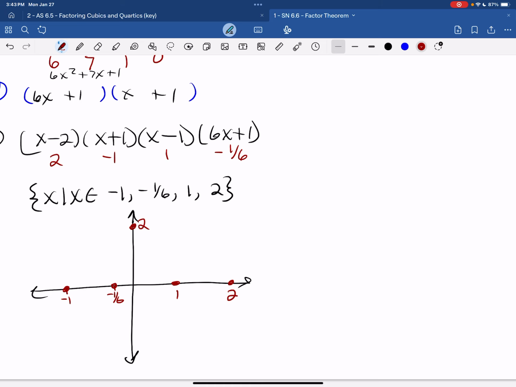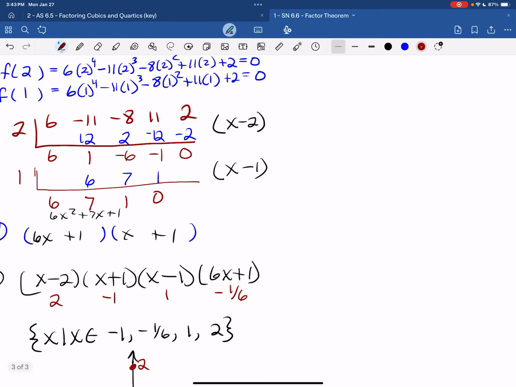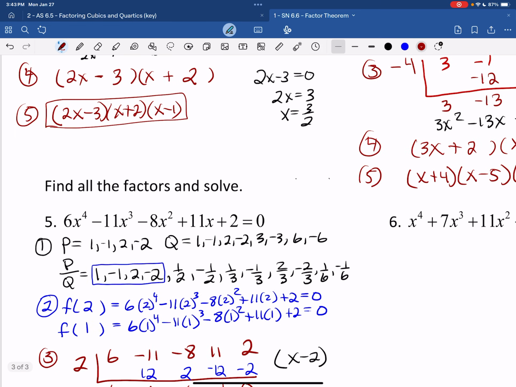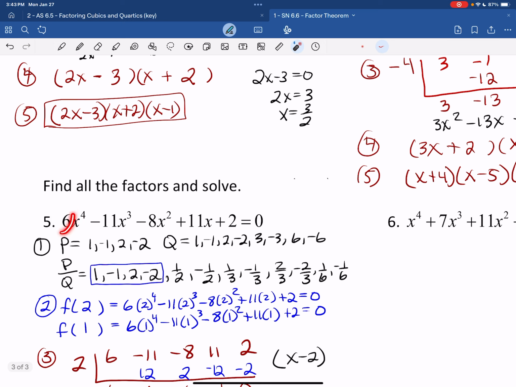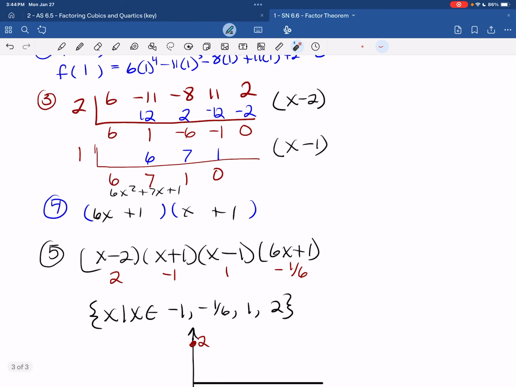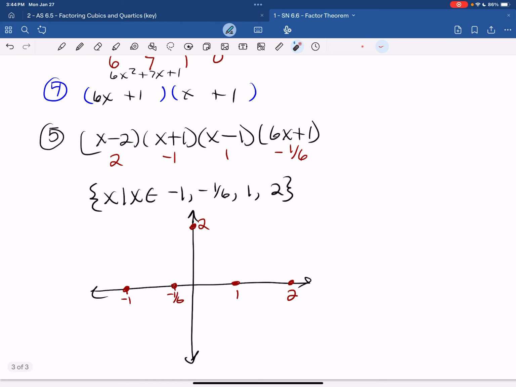All right, so now we're thinking about ending behavior. Because this 6 is positive, that means the right side has to go up. And because I have an even function, the left side's going to do the same as the right, so they're both going to go up. So I've got an up arrow here, and I've got an up arrow here.